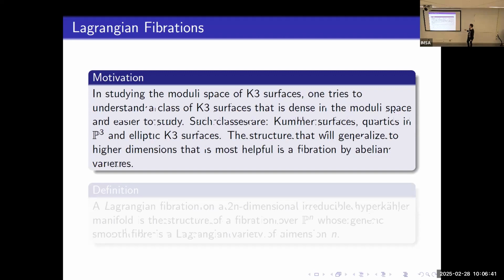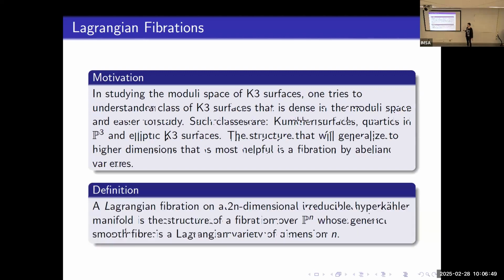So in higher dimensions, we want to generalize the structure of elliptic K3 surfaces. And let's define what a Lagrangian fibration is. A Lagrangian fibration on a 2n-dimensional hyperkähler manifold is the structure of a fibration over the base CP^n, whose generic smooth fiber is a Lagrangian abelian variety of dimension n.